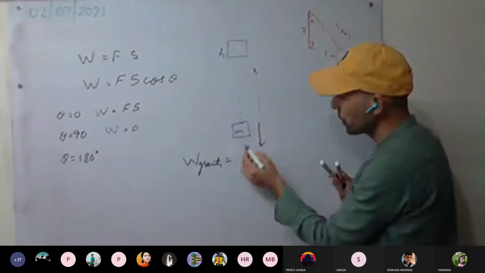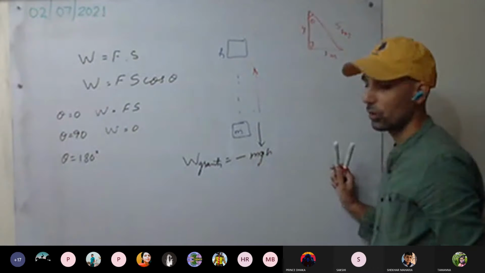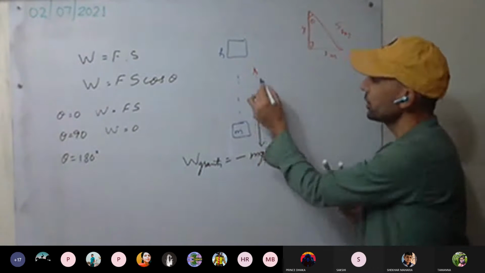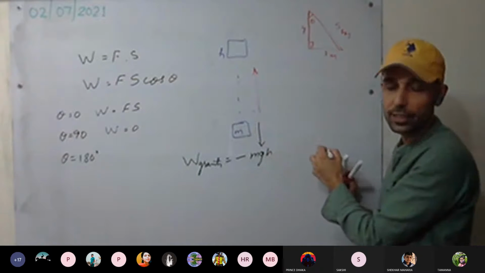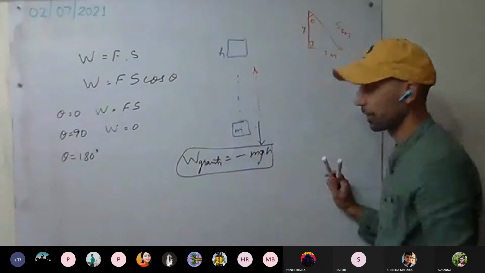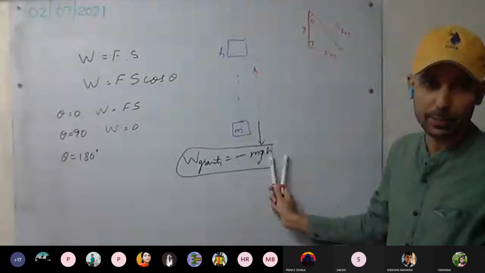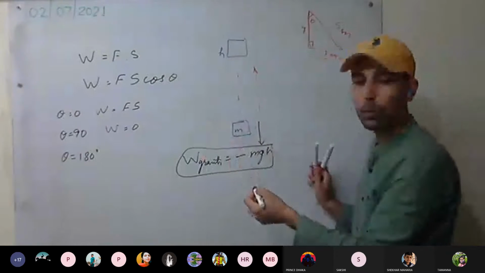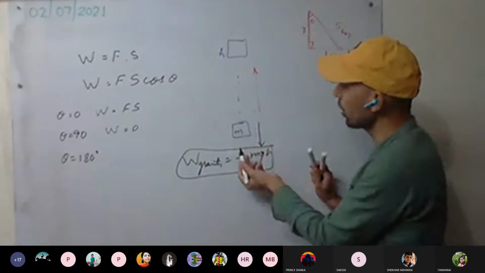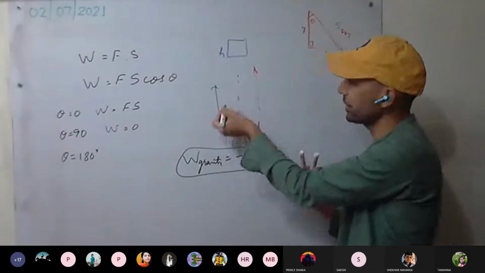So they are opposite, minus mgh. Gravitational force into displacement into cos theta, where theta will be 180. So in this case, when the body is going up, work done by gravity will be minus mgh. Whereas work done by the body against gravitational force is mgh, because the body is applying the force in the same direction as the displacement.